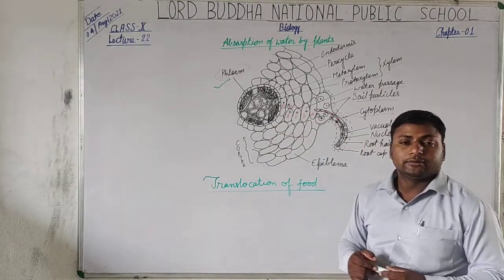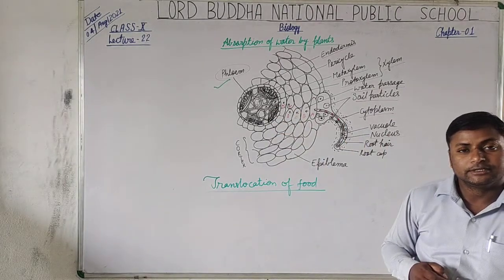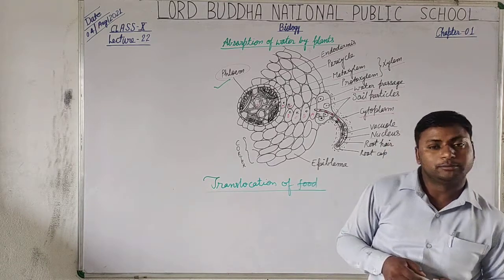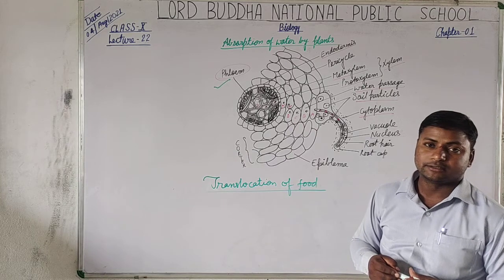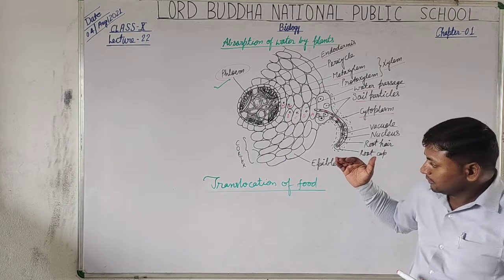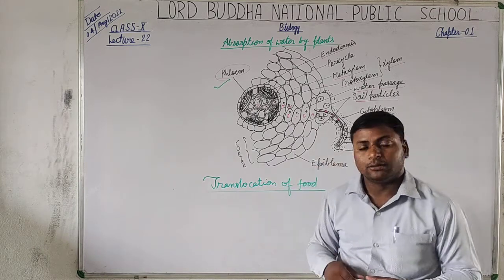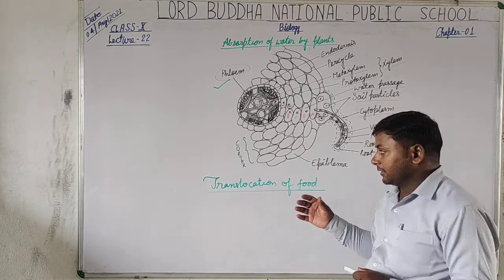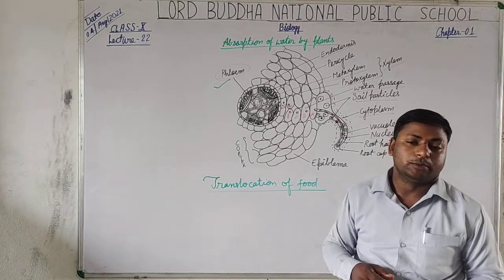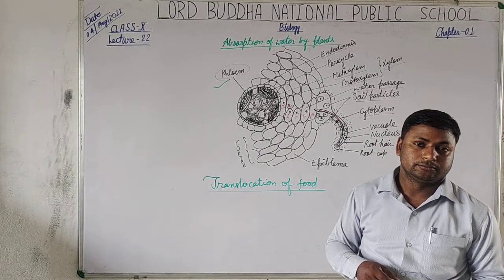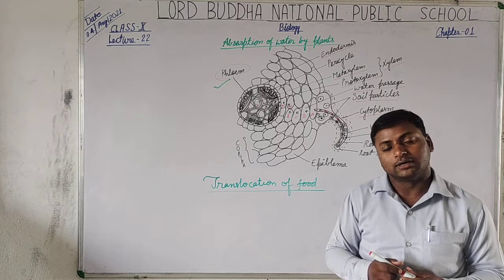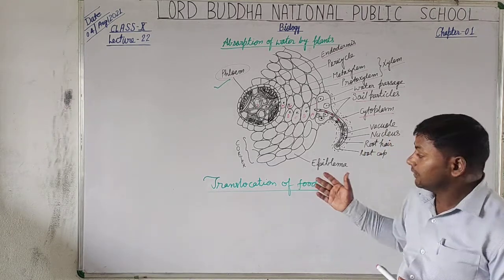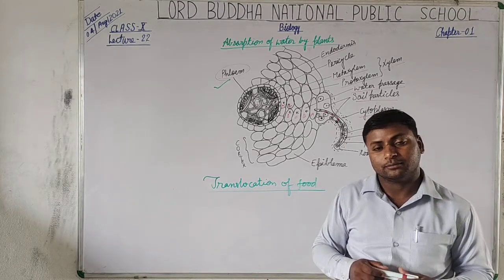As xylem helps in the distribution of water as well as the upward movement of water in plants, the distribution of water also takes place with the help of the tracheids present in xylem.